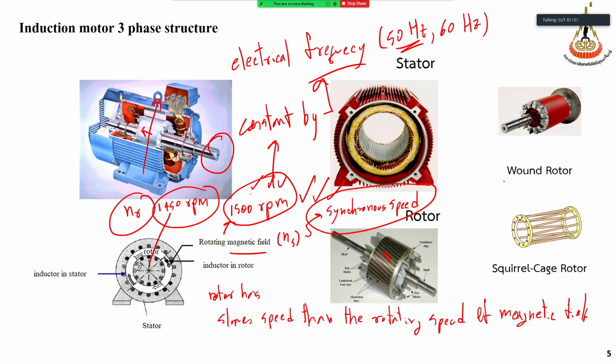For example, this is the motor load, P out, in kilowatts, and this is speed. NS never changes, but NR drops when we take a higher load.